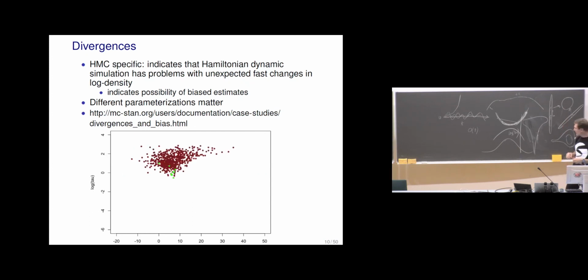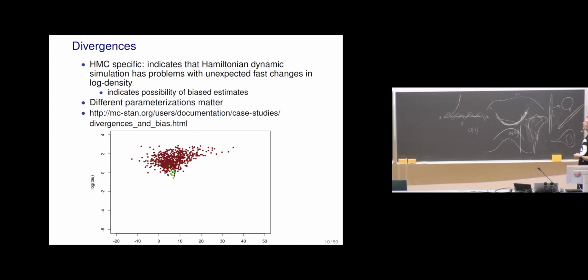In this case, the problem is that it's this kind of shape. We are getting draws from here, so simulation works here. But when the simulation tries to simulate here, because it's simulating with big steps, it too easily steps out, and the change in density is so quick that the error explodes and we get a divergence.